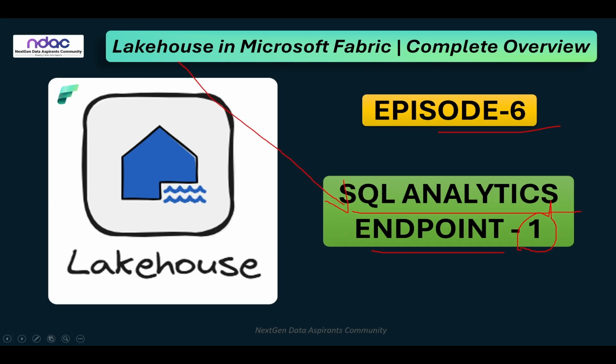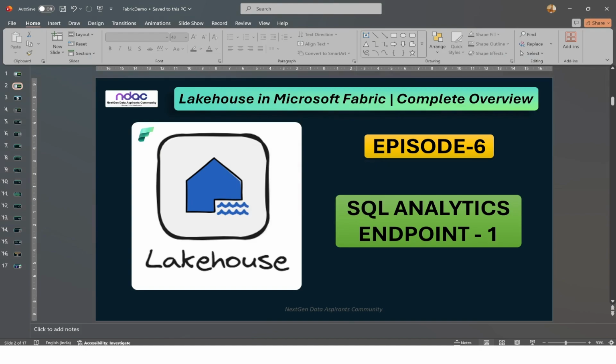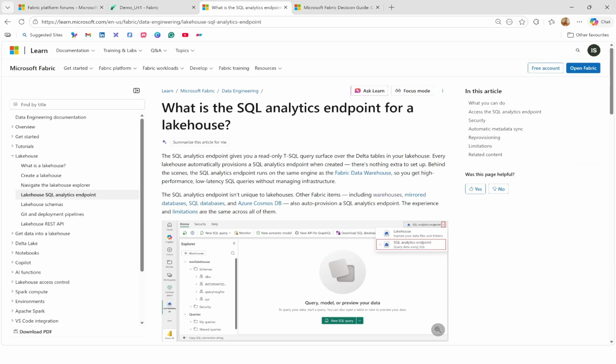Let's jump over to the Microsoft Fabric official documentation. What is SQL Analytics Endpoint for a Lakehouse? The SQL Analytics Endpoint gives you a read-only T-SQL surface over the delta tables in your Lakehouse. What does this mean? It gives you only read-only T-SQL queries against your delta tables.